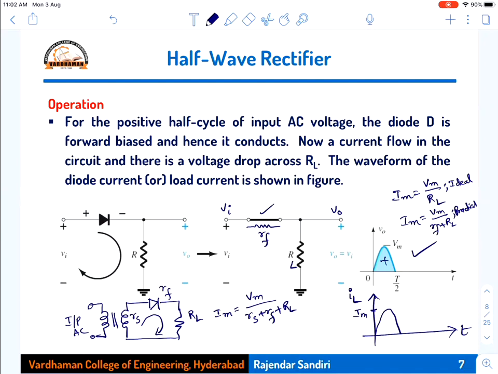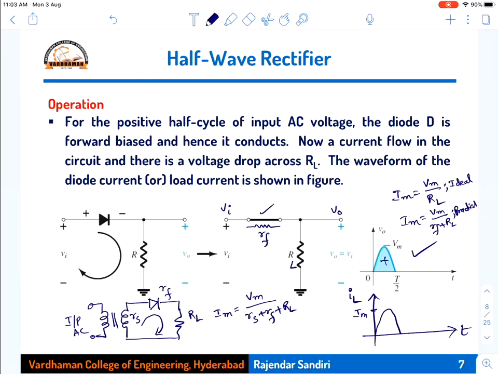If only Rs is neglected, then Im is equal to Vm by Rf plus RL. If all three are considered, then Im is equal to Vm by Rs plus Rf plus RL. Why am I adding Rs plus Rf plus RL? Because all these three elements are in series in a single loop.